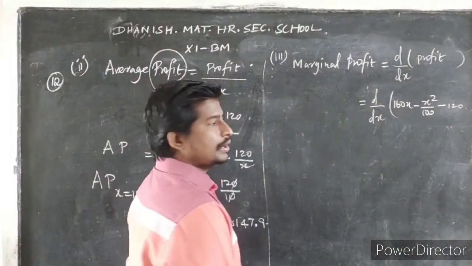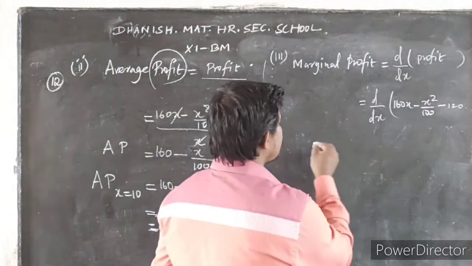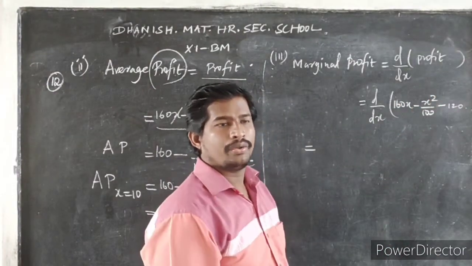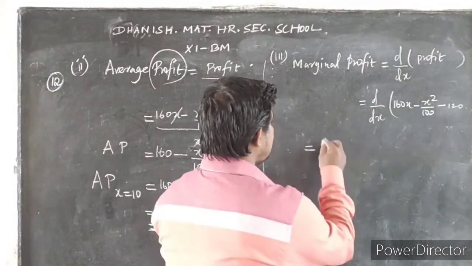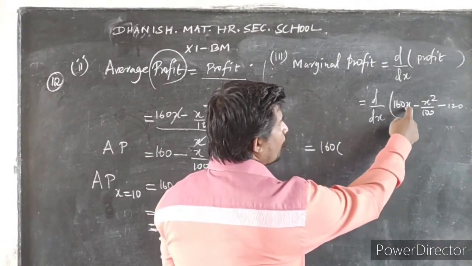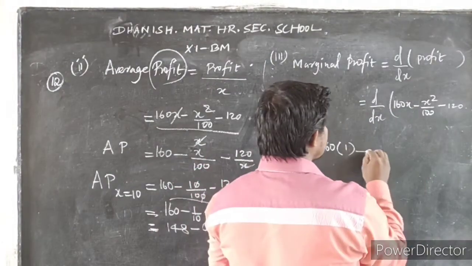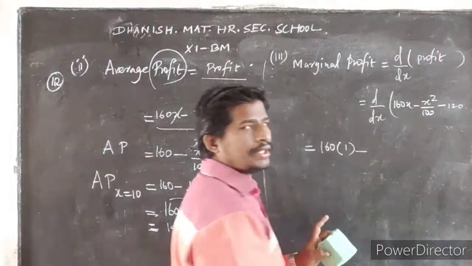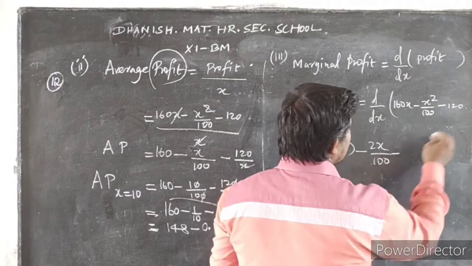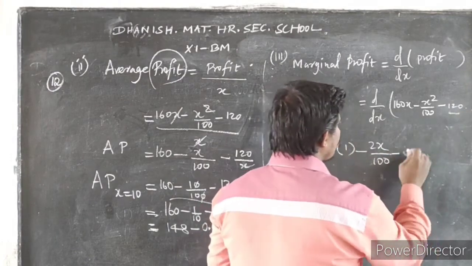Now I'm going to differentiate this profit. So we'll have 160 into the derivative of x, which is 1, minus the derivative of x square, which is 2x, divided by 100, minus the differentiation of the constant, which is 0.